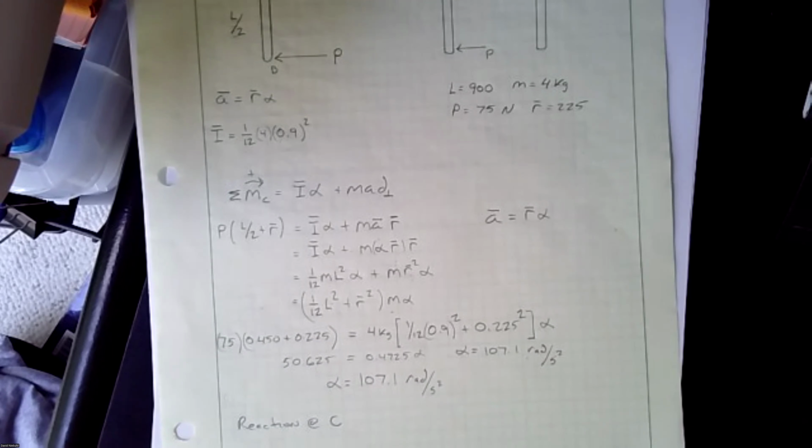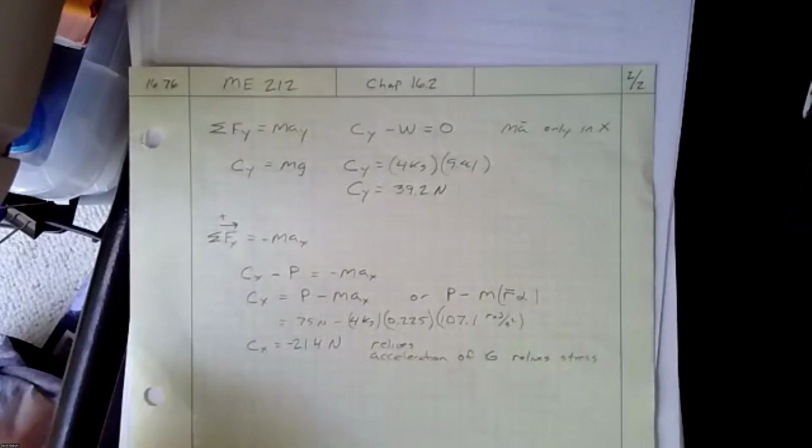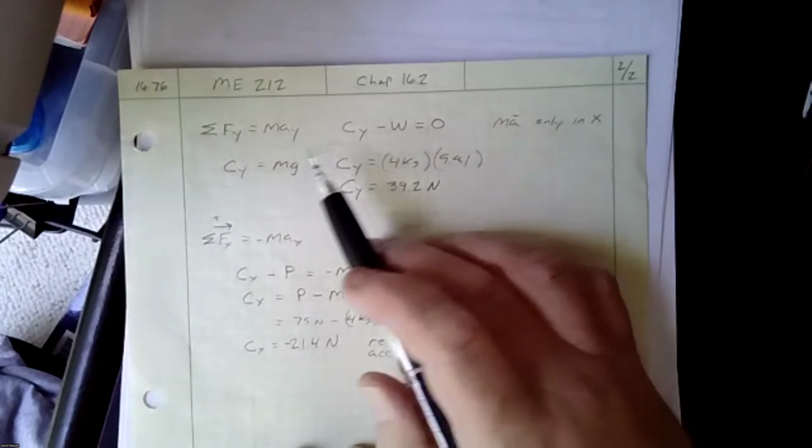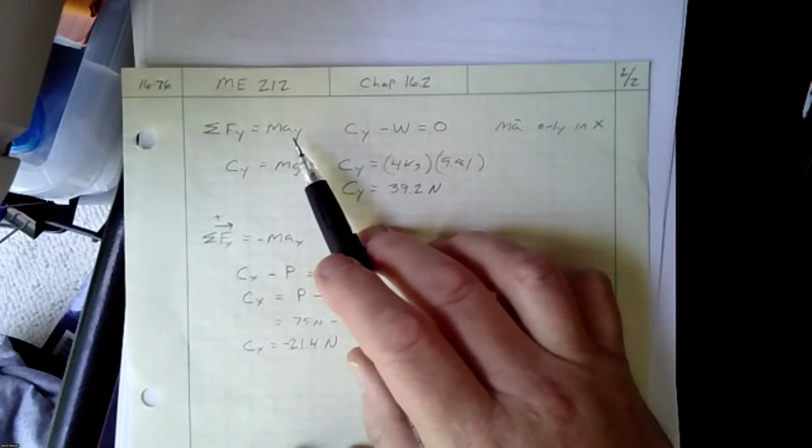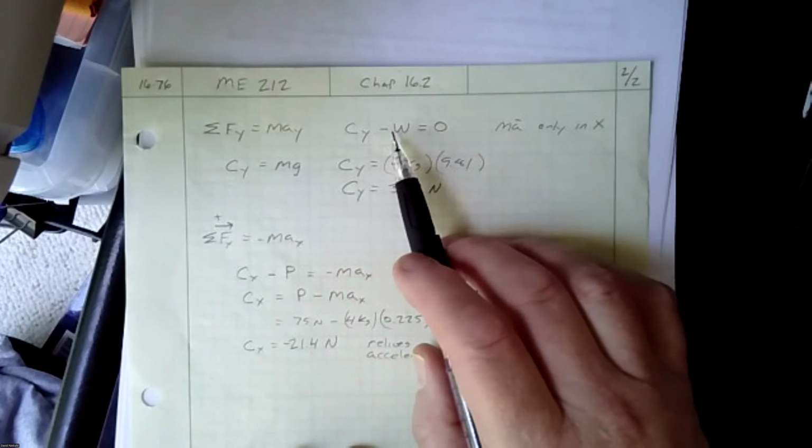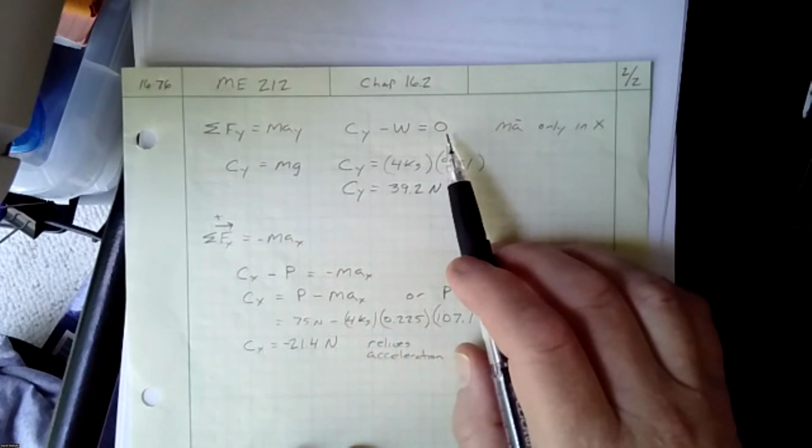And now we have to find our reactions at C. So what do those reactions look like? Very similar to what we did before. Looking at our diagram, we again sum the forces in the y. We know Cy minus W equals 0. Why is that?